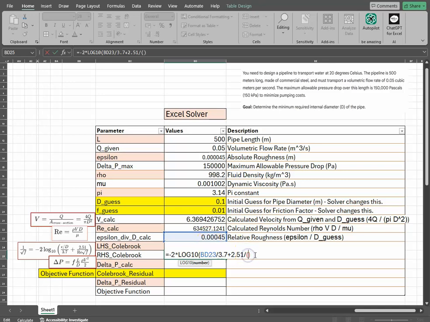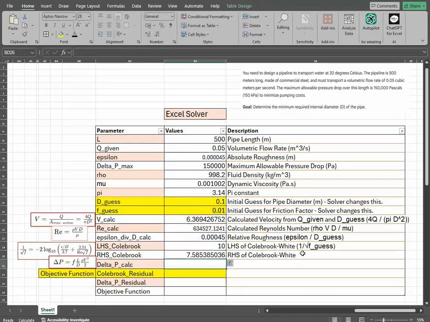RE is already we have calculated, RE is here, into SQRT root of F. F is here, this is here, and then we have to put another bracket, that's it. So we got the result, that RHS Colebrook equation.